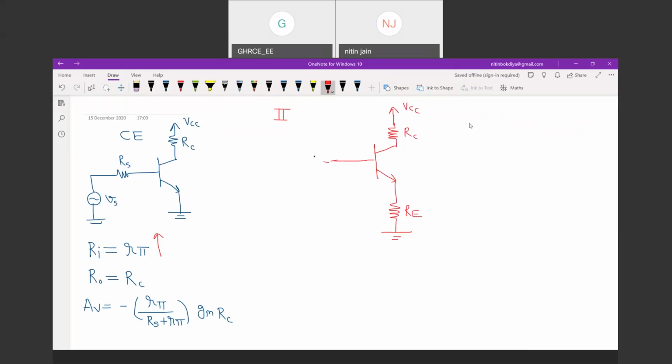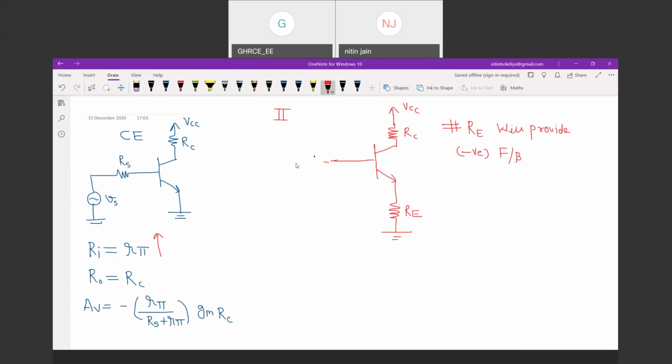This RE, ये RE क्या करेगा? This RE will provide negative feedback. क्या करता है ये RE? ये RE provide करता है negative feedback. This is the idea. Now what else we are having?